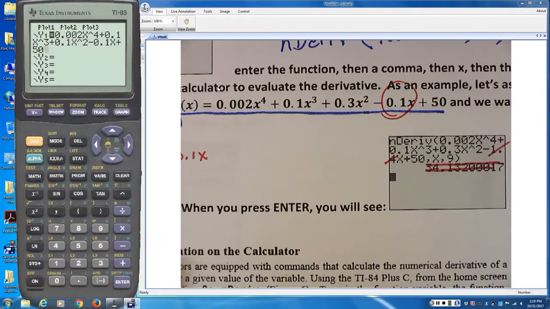Ah, yes, you're right. Thank you. Not 0.1, 0.3. And then I'm just going to go zoom 0 so I can see the graph.